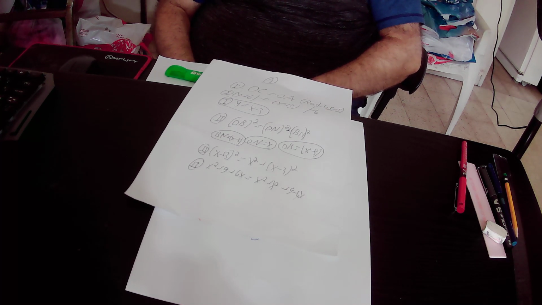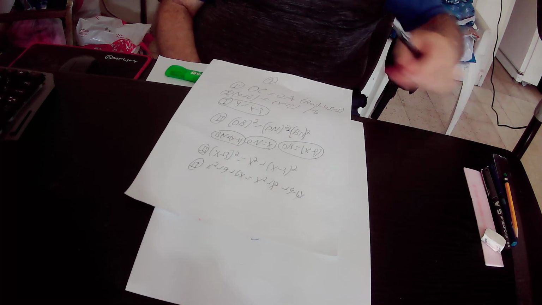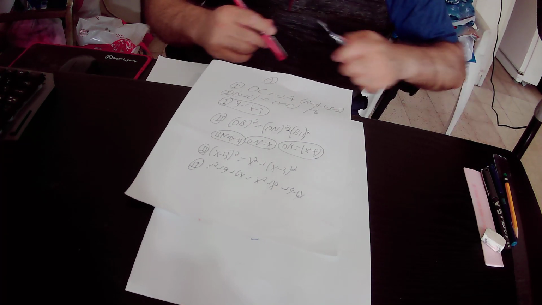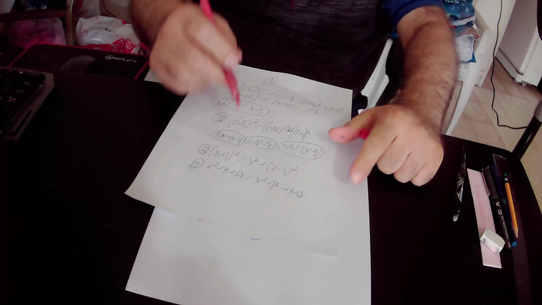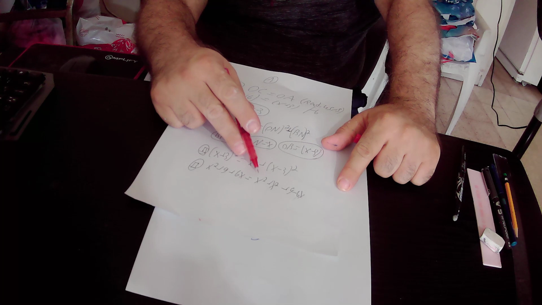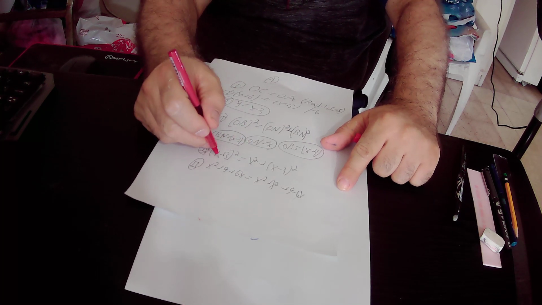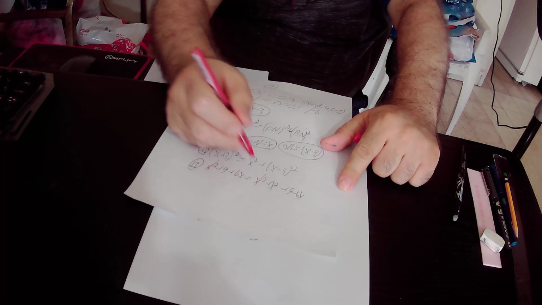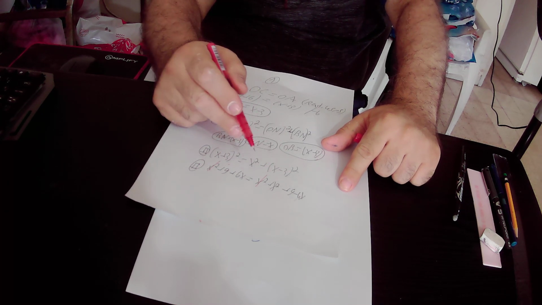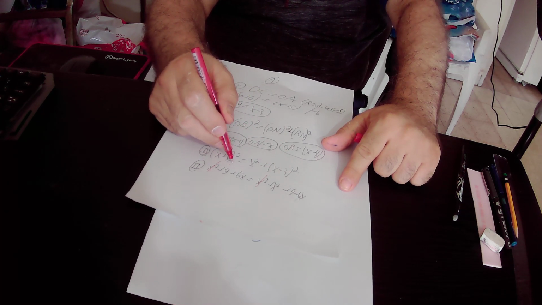Then actually we can cancel here. We have x square here and x square on the other side of the equation, so we can cancel x square. And we have 9 on this side of the equation and 9 on this side of the equation, so we can cancel 9.